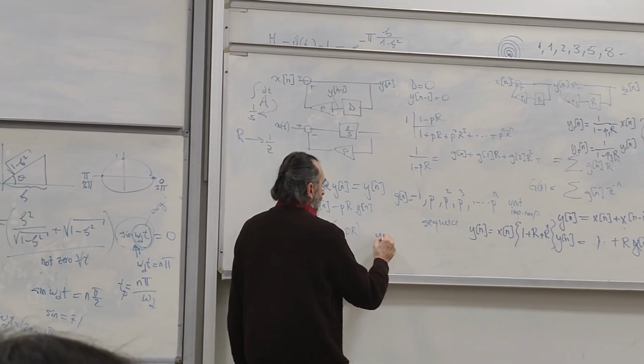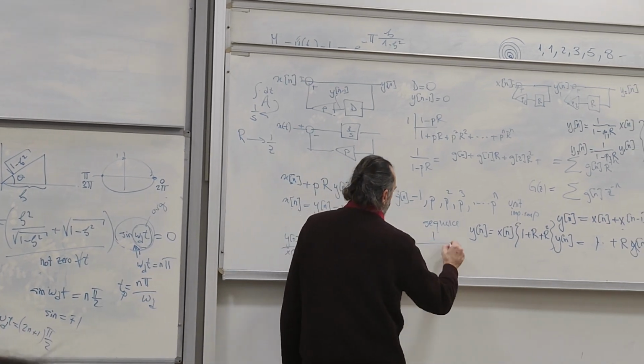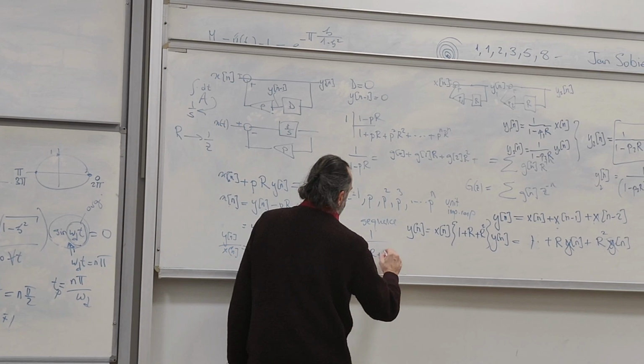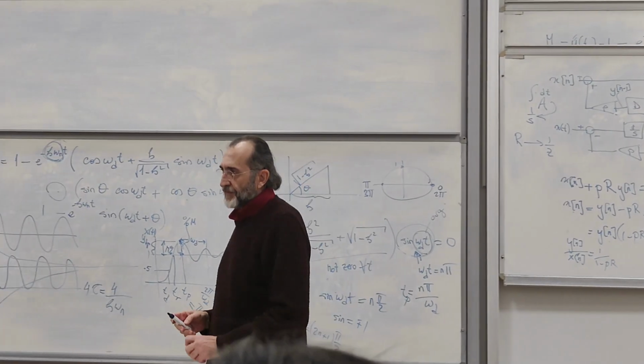So y of n over x of n is equal to 1 over 1 minus R minus R squared. That's your second order system.